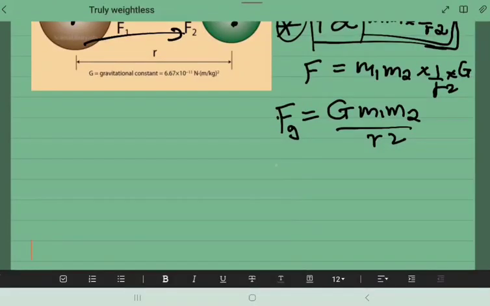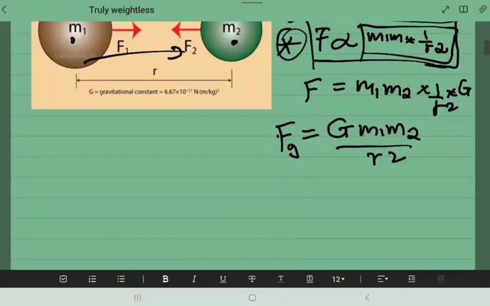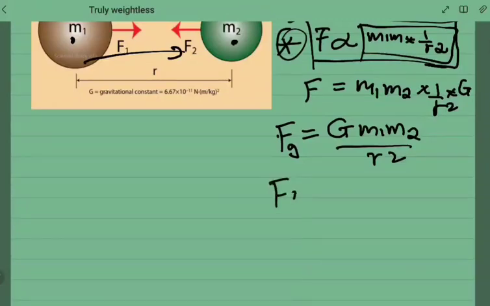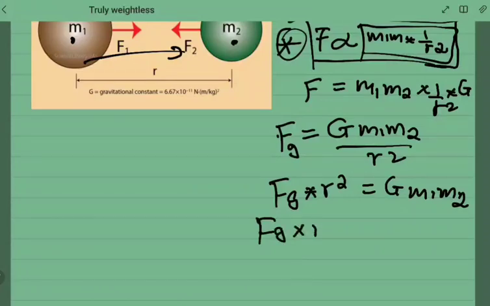Solving for G, the force of gravitation multiplied by r squared is equal to the universal gravitational constant times mass 1 times mass 2. So the force of gravitation times r squared divided by the masses is going to be your G.